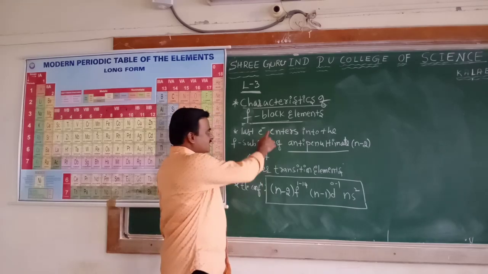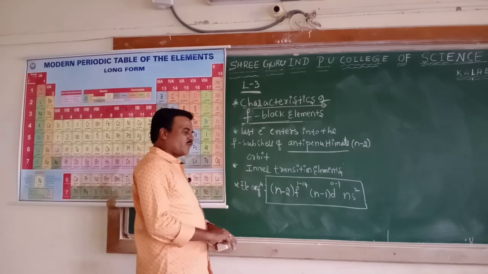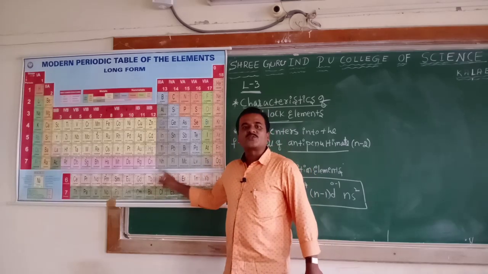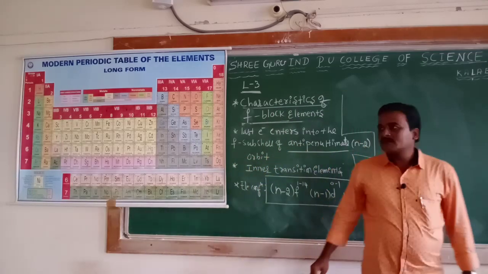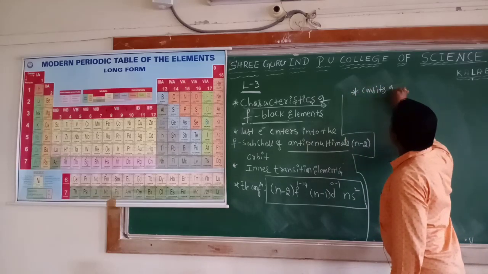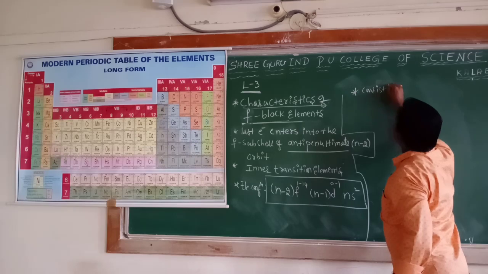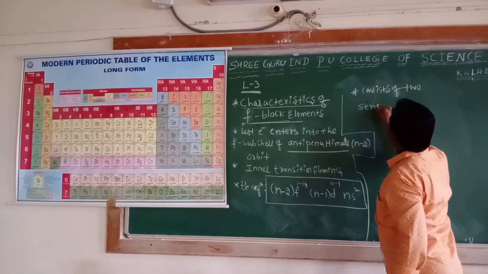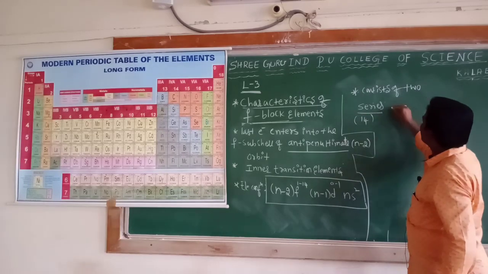Further, these f block elements consist of two series, and each series contains 14 elements.